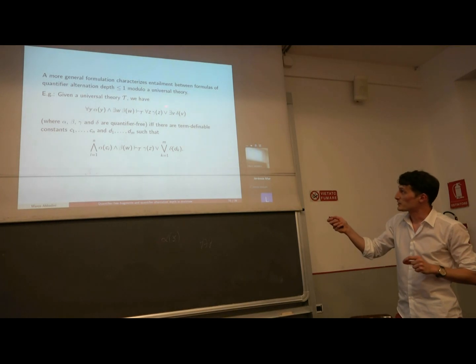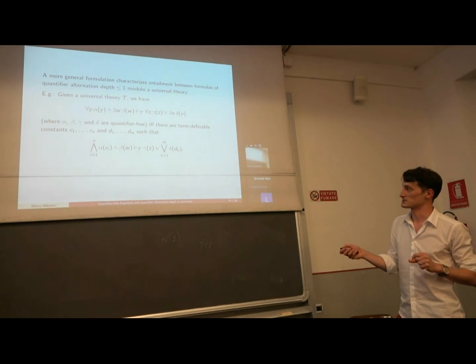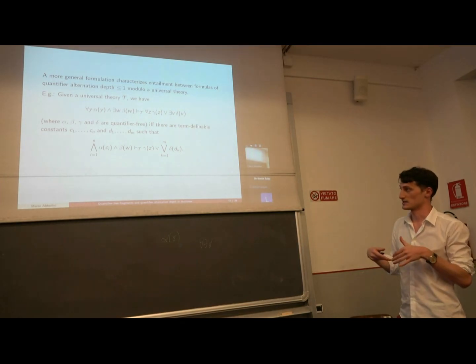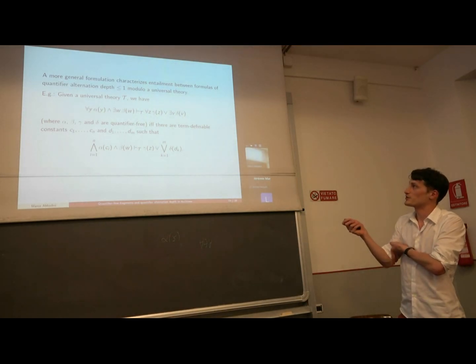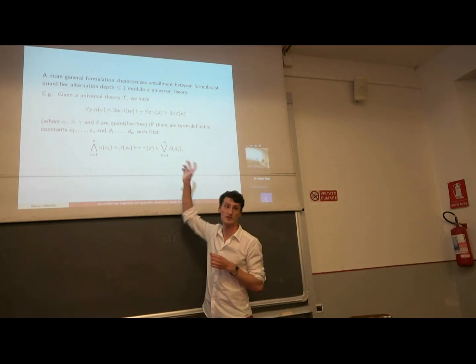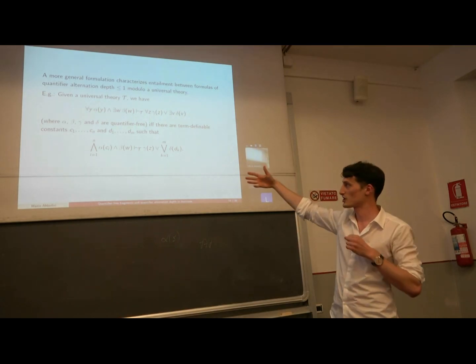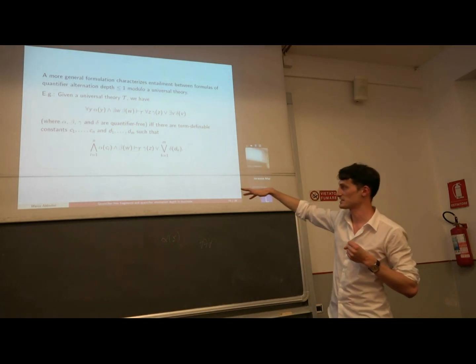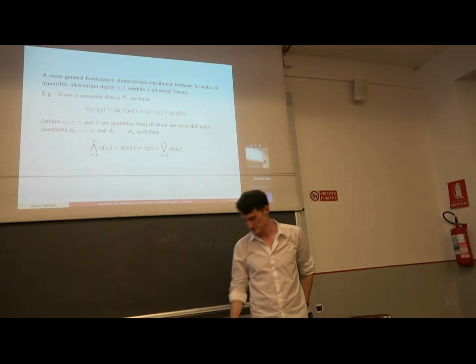Similarly, if I want to prove an existential, I can instantiate it in infinitely many constants. In fact, Herbrand's theorem says that the formula above, with quantifiers, is equivalent to the existence of certain term-definable constants such that this holds at the propositional level. Good?